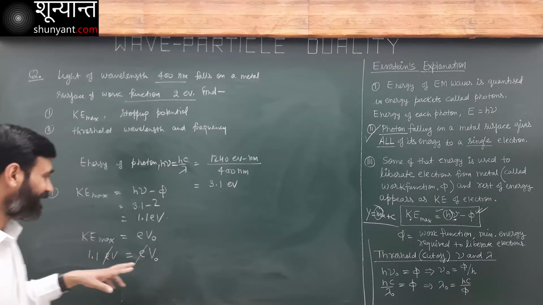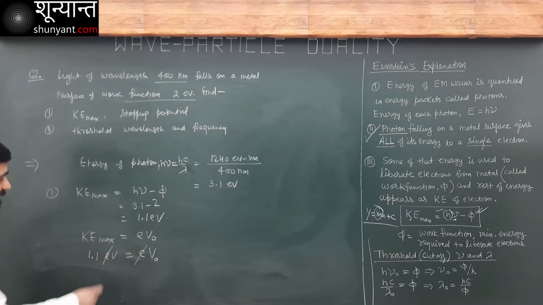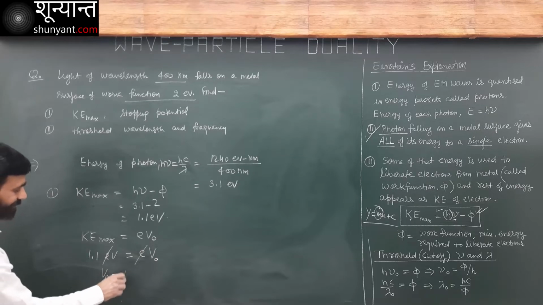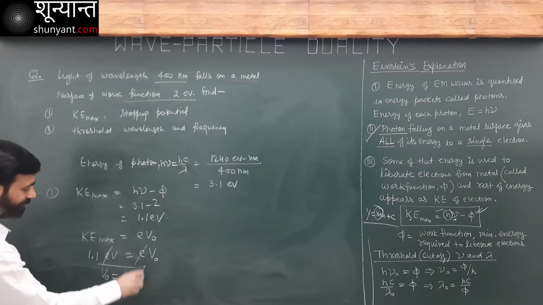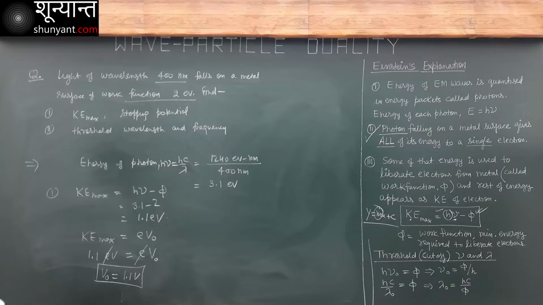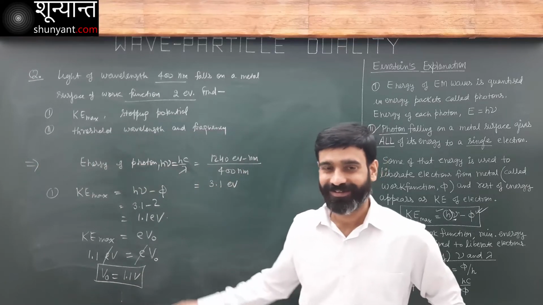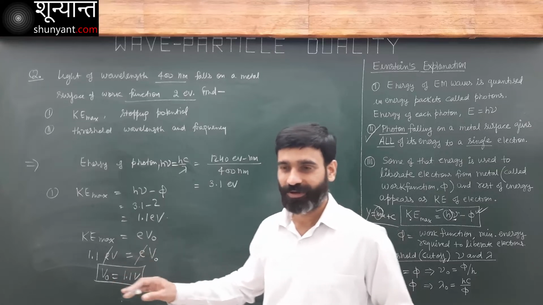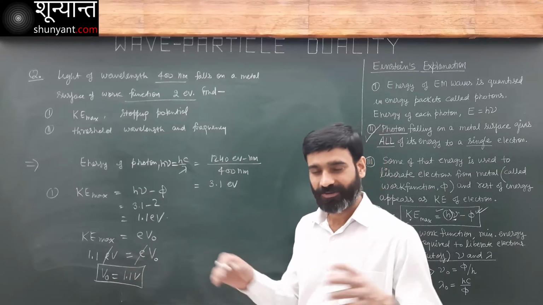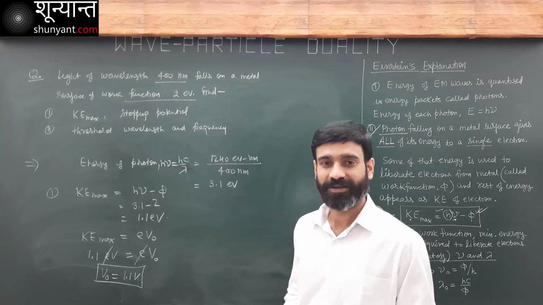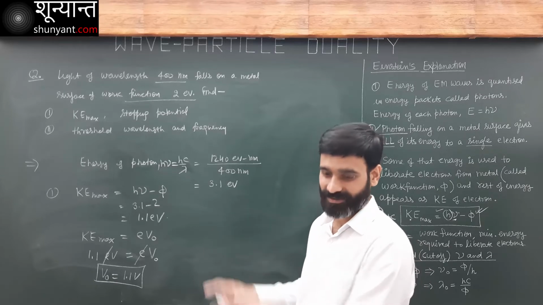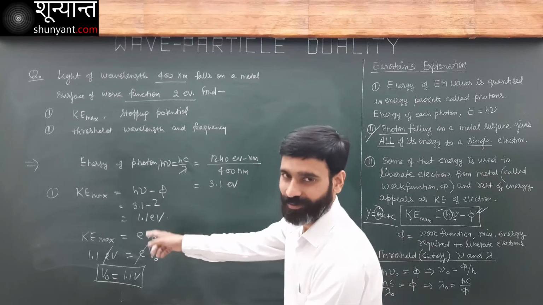It's very interesting. Then V naught is equal to 1.1 volt. This is my stopping potential. So we don't have to bother too much. We don't need to convert this into joules and do all the calculation. Even if you do that, you are going to get the same answer. You have to learn this method.